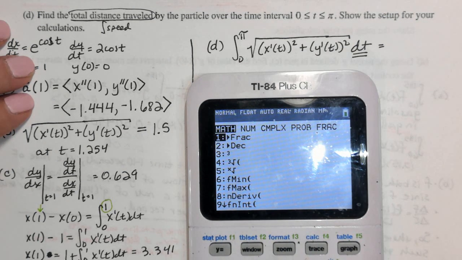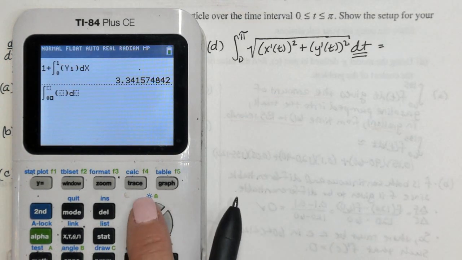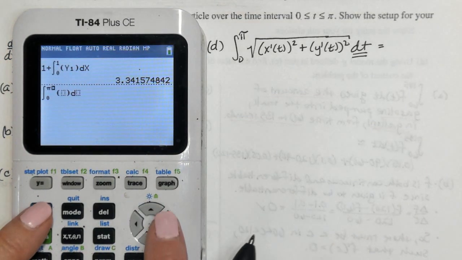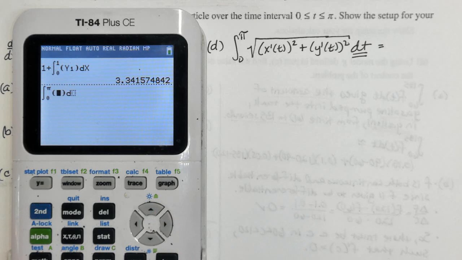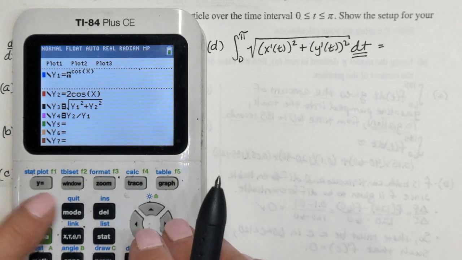So, math 9, 0 to pi of, do I still have that stored in? I do still have it stored in for y3. That's good.